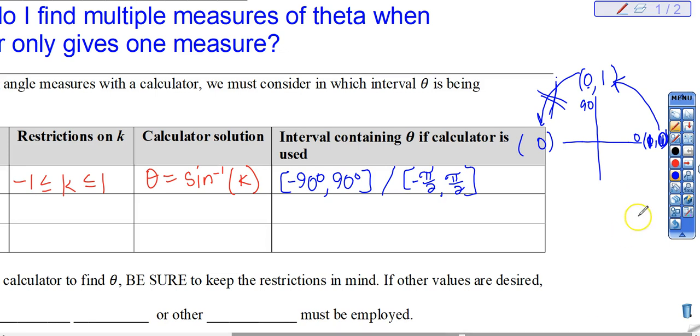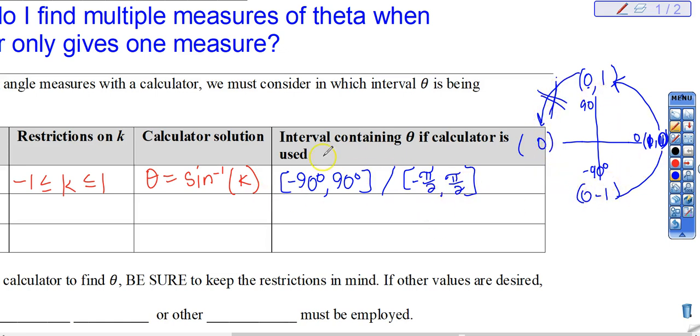However, if I rotate this direction down to negative 90 degrees, my sine is negative 1, right? So you can see if I'm on my unit circle from negative 90 degrees all the way to positive 90 degrees, I'm going from negative 1 rising to 0, rising to 1, and then if I head back down to 0, back down to negative 1.